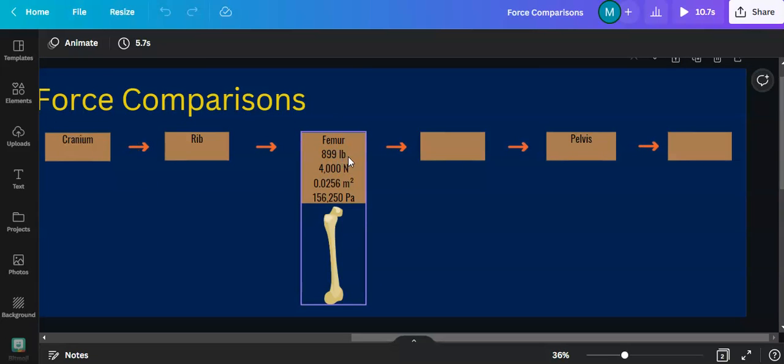We want to have how many pounds it takes to break it on average, which was 899 pounds. The amount of newtons needed to break it, which is 4,000. And then the area, the approximate area of the front of that object. You can use rectangles to approximate this.